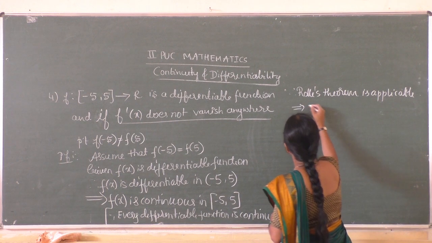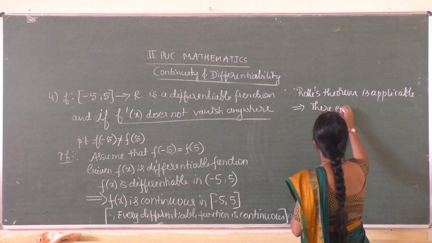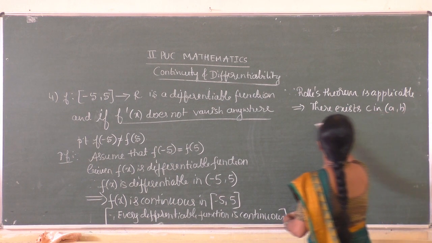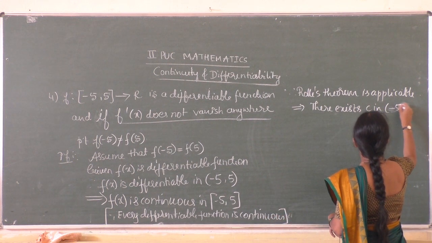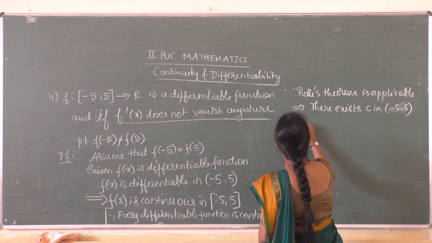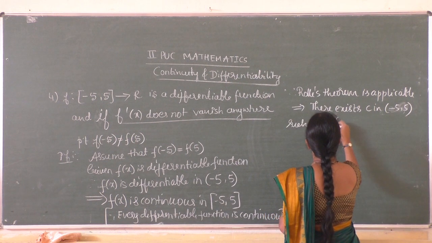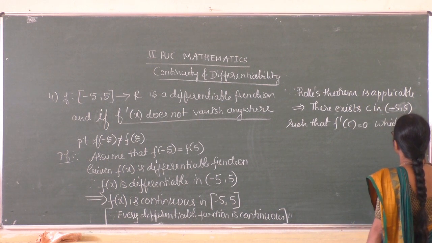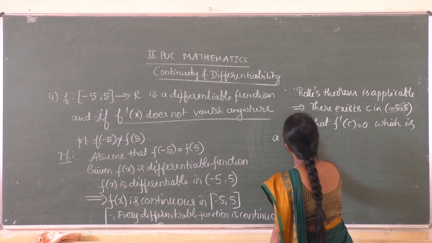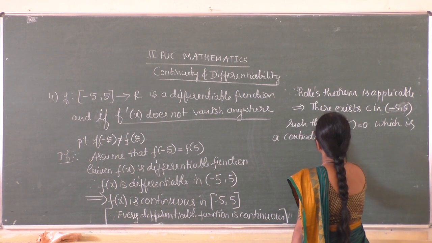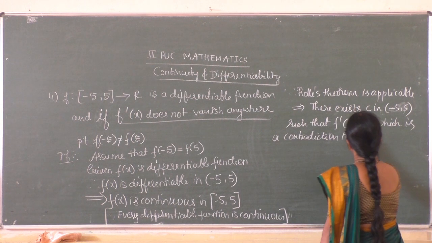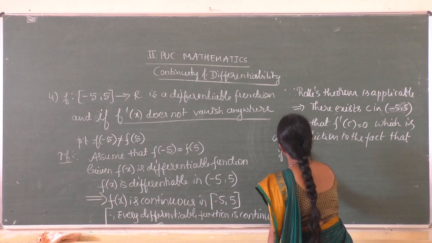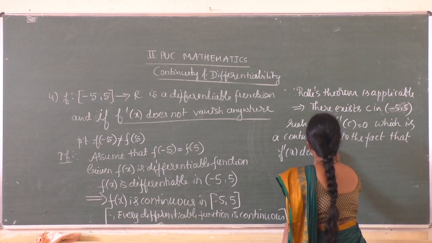That implies there exists C in minus 5 comma 5 such that f dash of C equal to 0, which is a contradiction to the fact that f dash of x does not vanish anywhere.